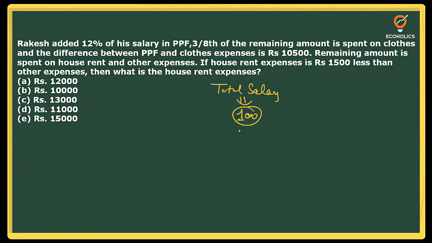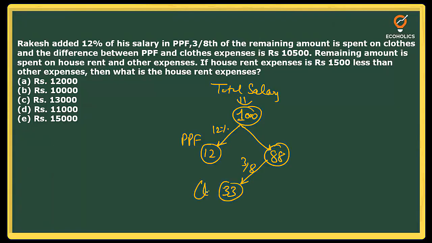So out of 100, 12% is PPF. So remaining is 88. Now 3/8 of this, which is 33, will be spent on clothes. So what is the remaining? 55.